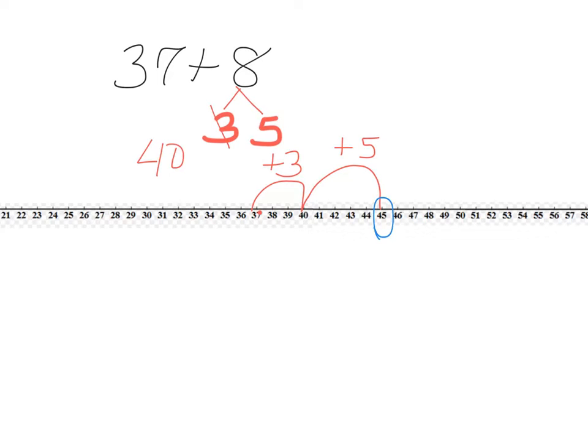Well, first if we break apart 8 as 3 and 5, because 3 plus 5 makes 8, and then add 37 plus 3, which would give us 40, and then just add another 5 to get that sum of 45.